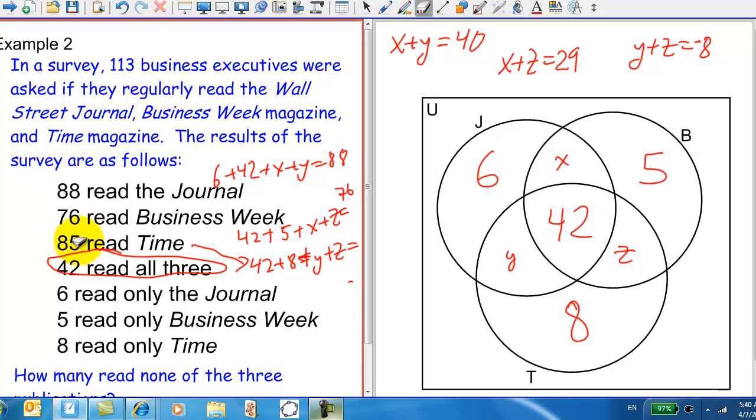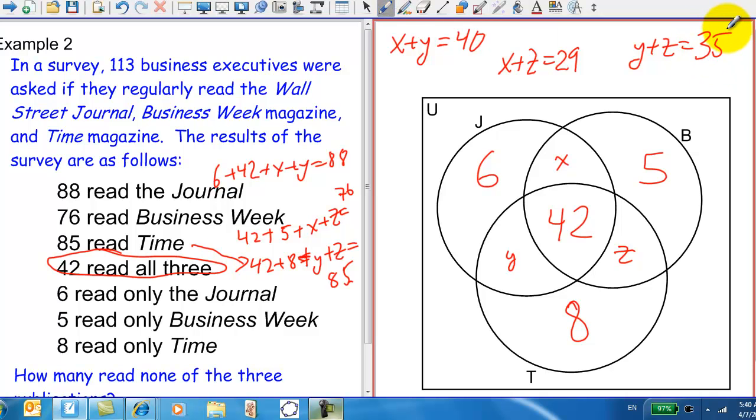I copied the 42 from here, but Time was 85. So these add up to 85. So that means the Time equation, which was Y plus Z, will equal, this is 50, subtract it equals 35. There we go.